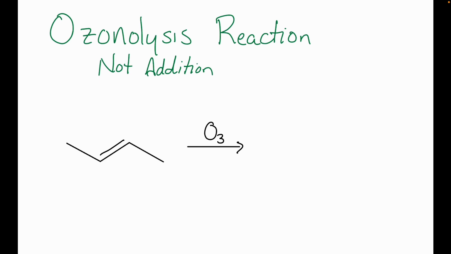So if we treat an alkene with ozone, and the conditions for this are you use dichloromethane and it has to be super duper cold, -78°C, which might seem really specific, but it's the temperature of liquid nitrogen. So we do these in a liquid nitrogen bath.